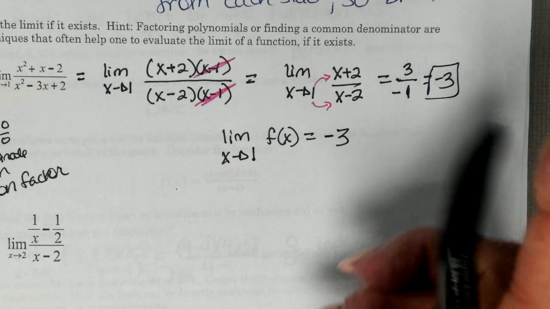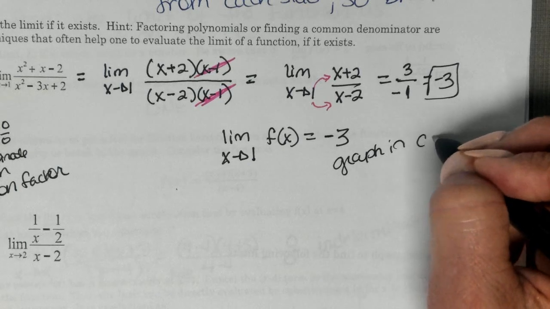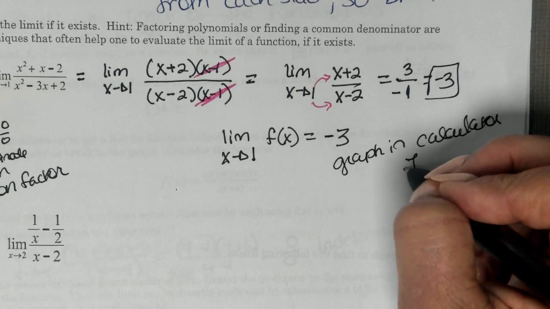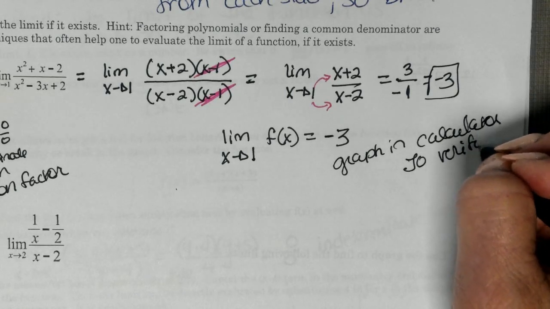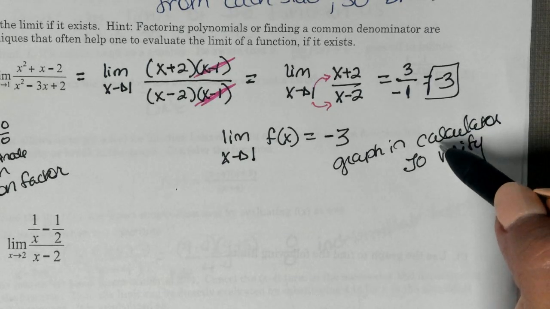Once you've done this, you can graph it in your calculator to verify. Now, are you going to be able to do this on a test? Probably not. But as you're learning it, to feel comfortable with it, you just want to double check that you're doing what you need to do.